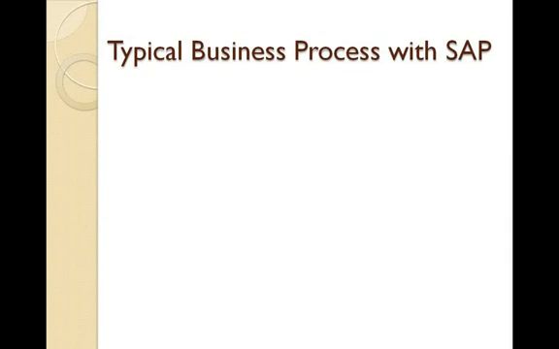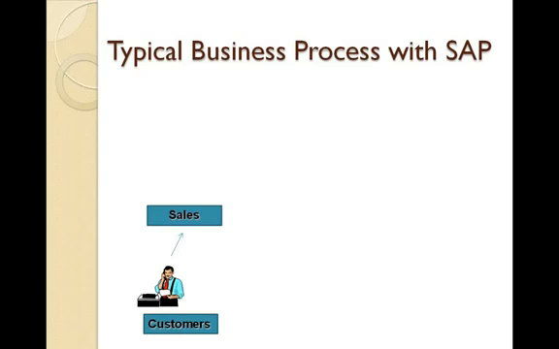Now, if we go with the same business process with SAP, how is the functionality of an SAP or ERP application going to happen? In the same way, the customer is going to place an order with the sales department. The sales department is involved in receiving the orders from customers. Once the sales department receives the order, they are going to enter the transaction data into your centralized ERP system.